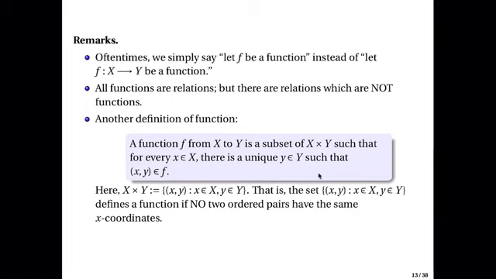So if you listed all ordered pairs and you don't see any two ordered pairs which have the same x coordinate, the first entry, then the set that you have is a function.